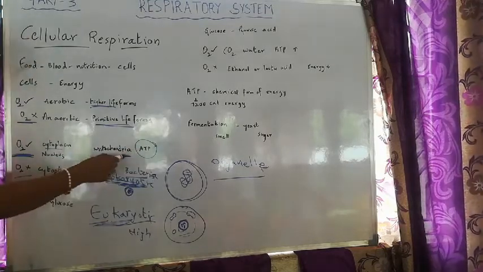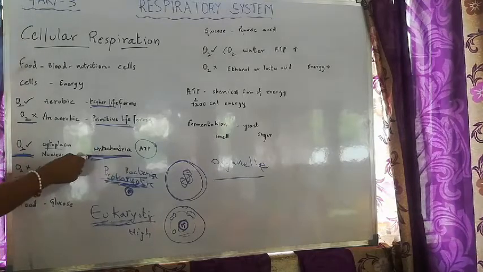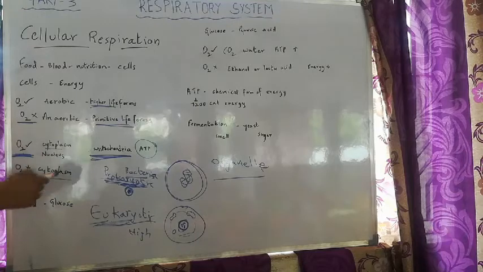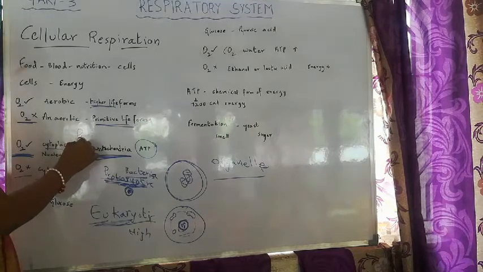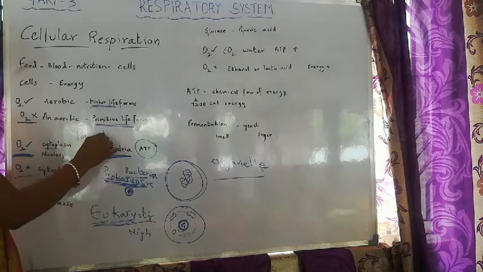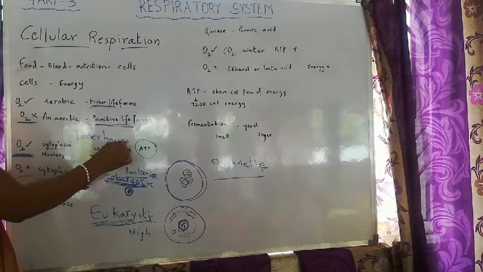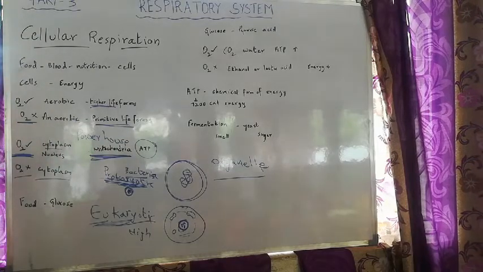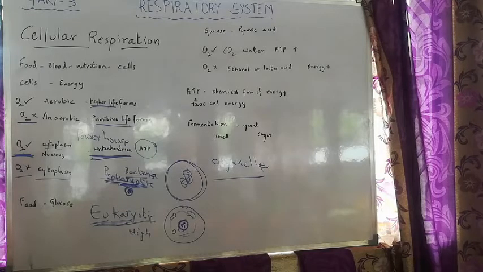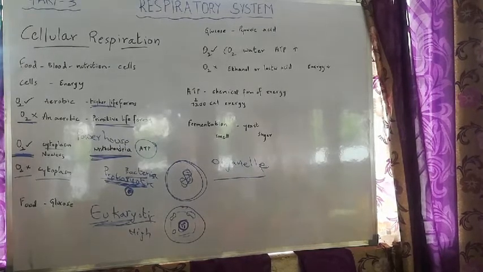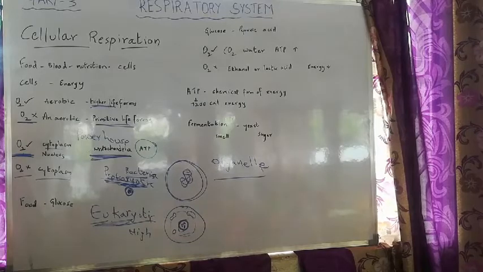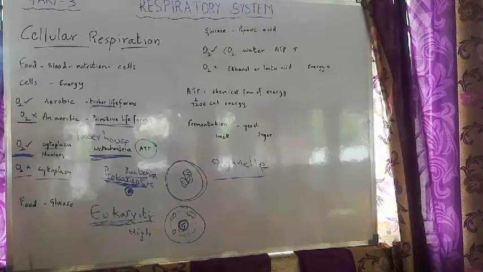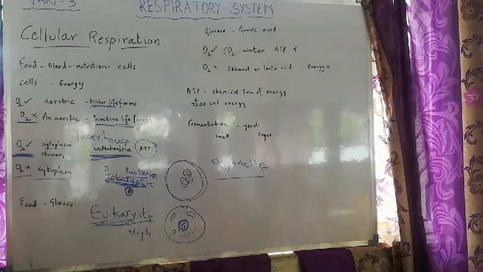The place inside which energy is stored is called the powerhouse of the cell. So, at our homes, we use electricity. From where is it coming? It is being generated, and through current supply we are getting that energy.